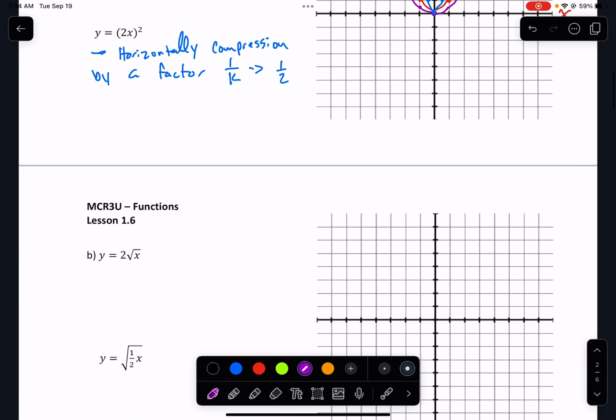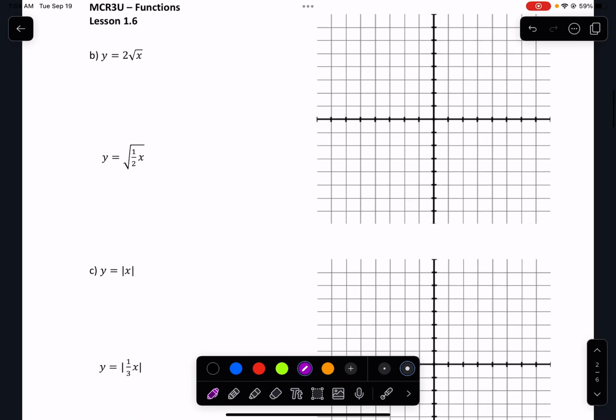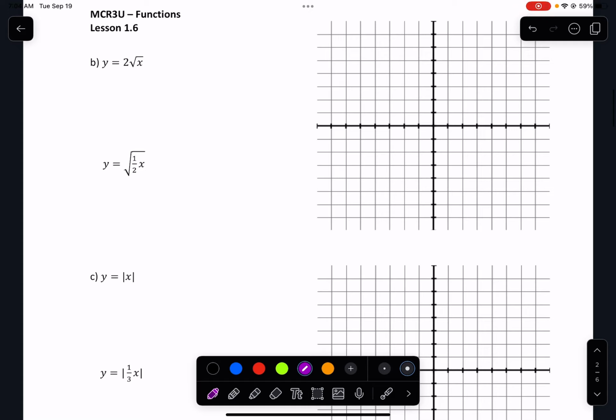We're going to come down here and take a look at a couple of the other graphs that we've done this year. Again, we're just going to label our axes before I forget. This graph here is what we call the root function, the square root function. With the root function, you always have the base. We had 3 major points with this graph: (0, 0), (1, 1), and (4, 2).